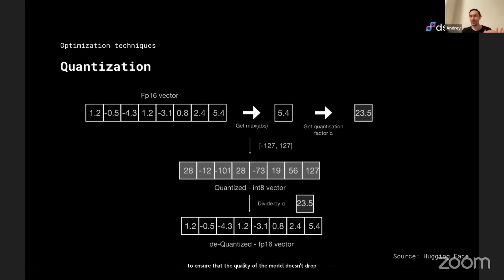Because we reduce the precision, the quality might drop as well. But this technique is quite powerful, and a lot of studies show that the drop in quality is not significant. But again, the lower the precision you use, the higher the quality drop is.